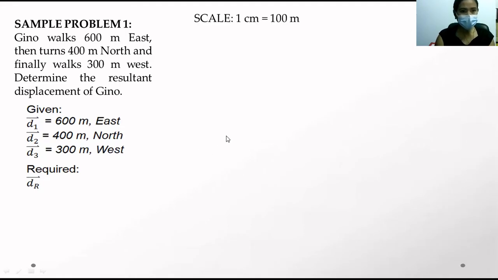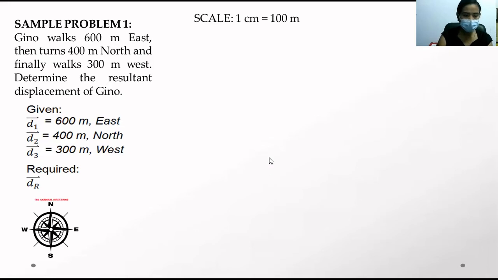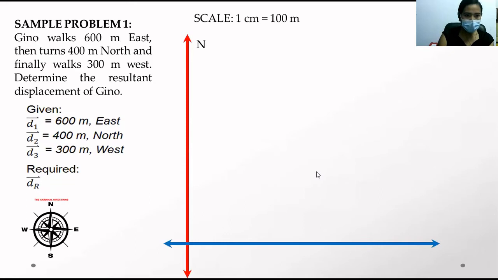Shall we say we used the scale of 1 centimeter equals 1 meter. Considering our cardinal directions, we are going to draw or set the directions to be followed in doing graphical method of our vectors. So this will be our guide: the northern direction, southern direction, eastern direction, and western direction.